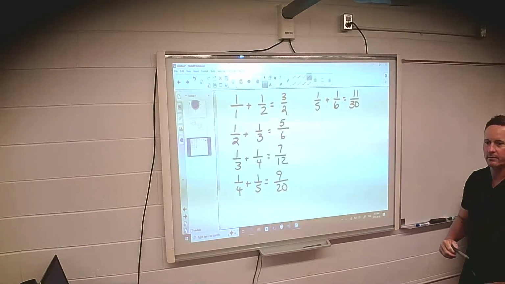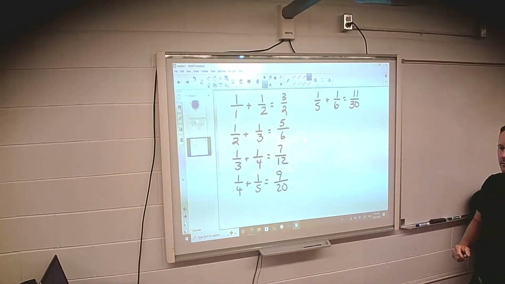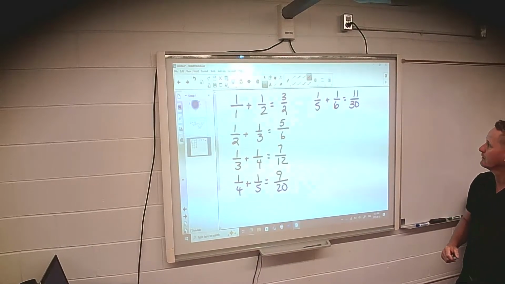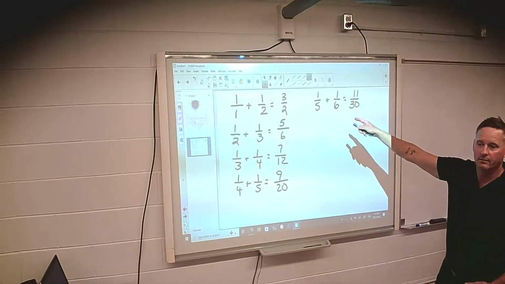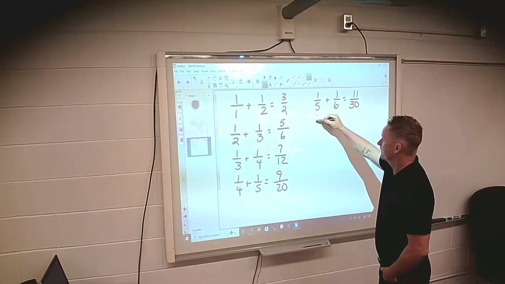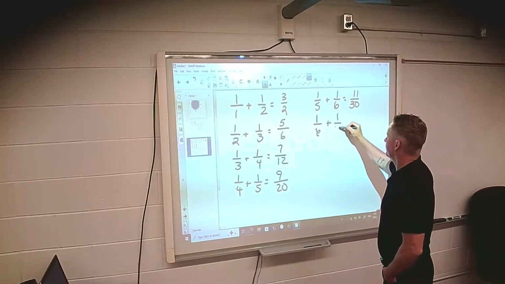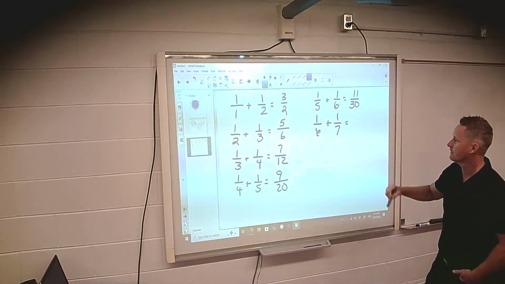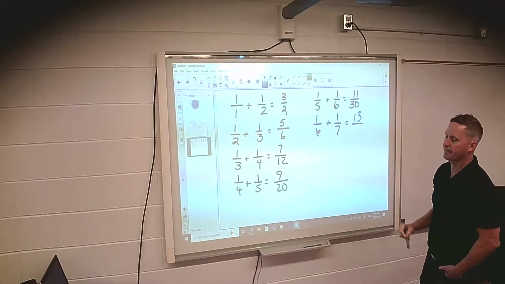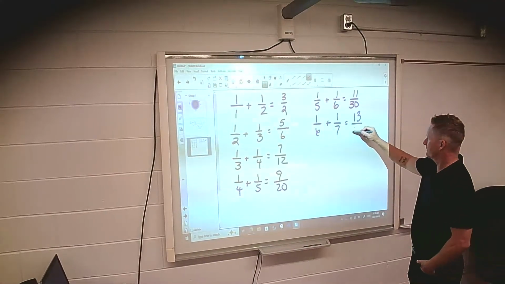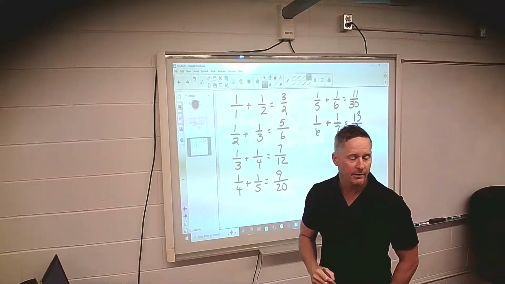Well, the bottom are common multiples of 30. No, we already got 1 over 5 plus 1 over 6. So it'd be 1 over 6 plus 1 over 7. And that is equal to 13 over 42. Do we agree with Cash?